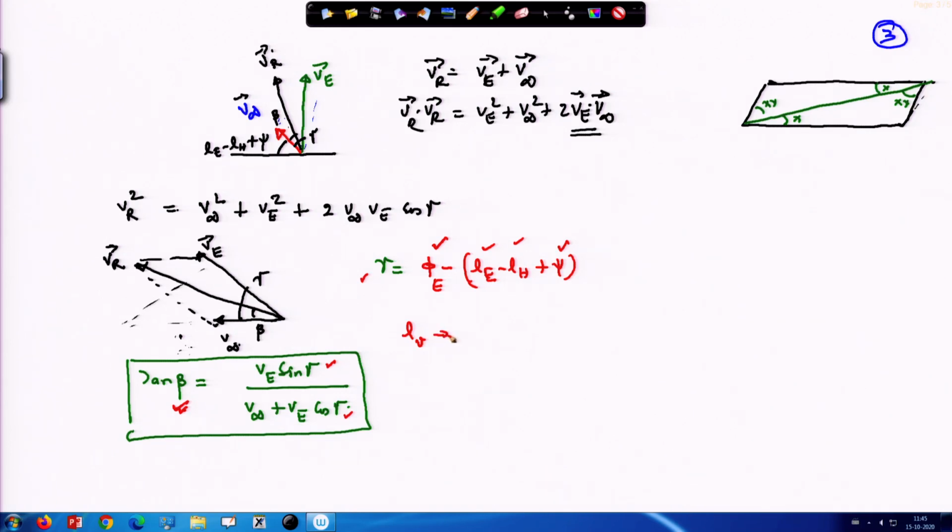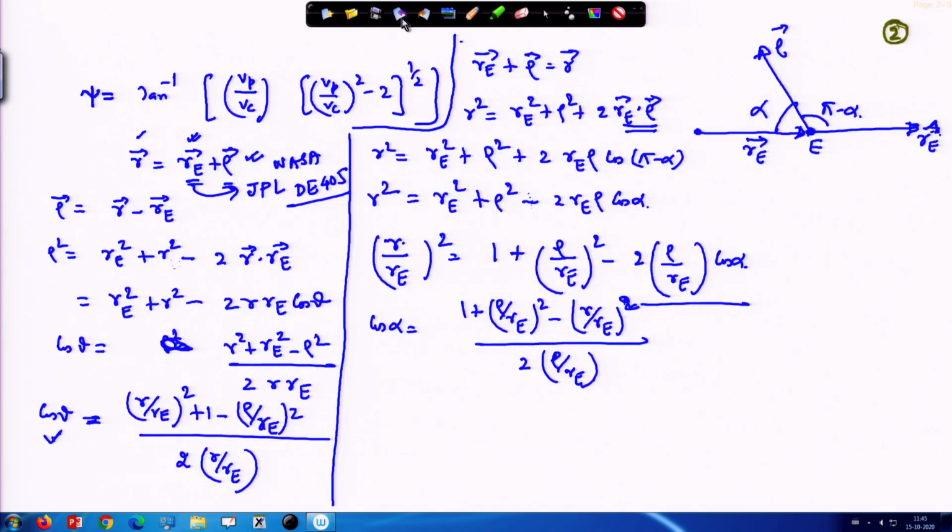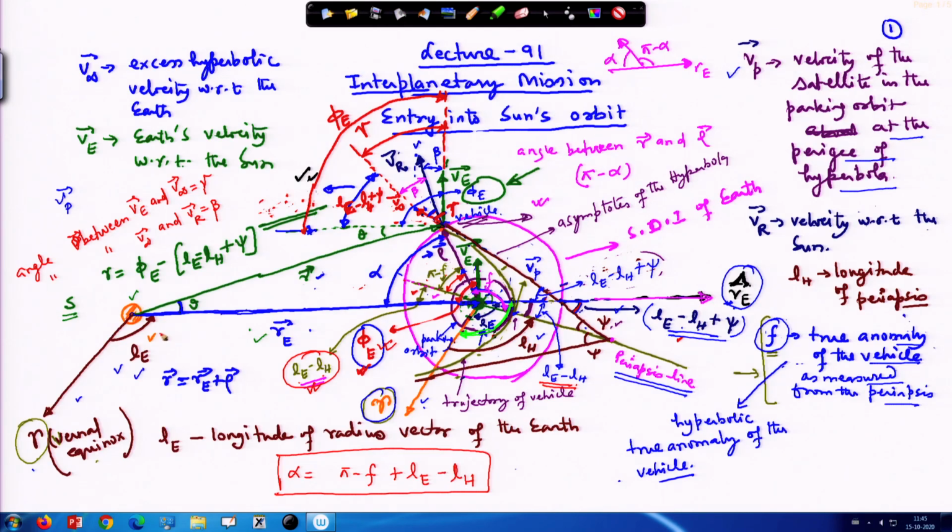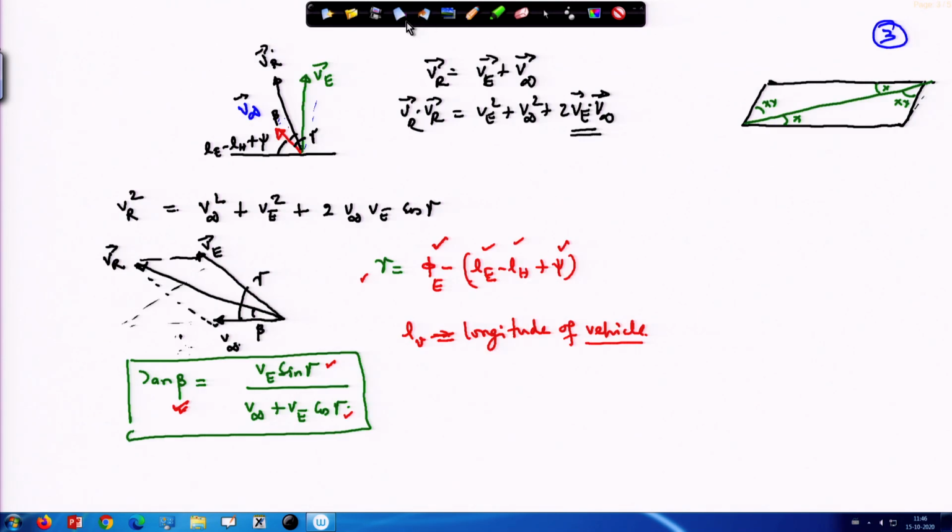L v we write as the longitude of vehicle, which is nothing but L e plus theta. So, L e plus theta, the angle between this and this, is your L v. Therefore, L v is L e plus theta.